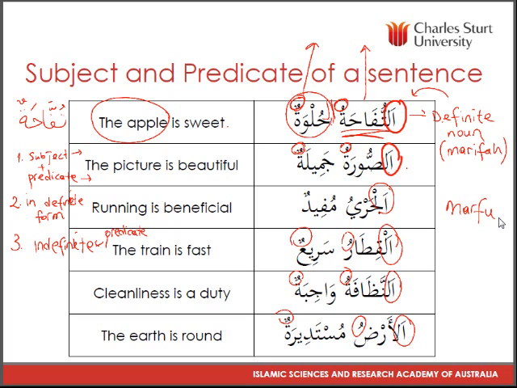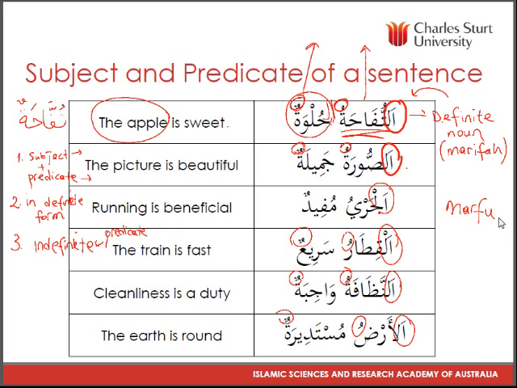For example, tufahatu becomes tufahatun with a long sound here. Hulwatun becomes hulwatun because it has no intellect. Things without intellect should keep the singular feminine format. So, no detail. Just keep focus on singular today.